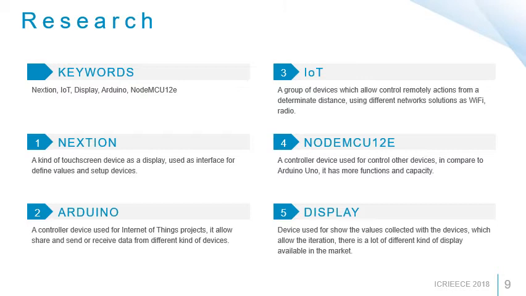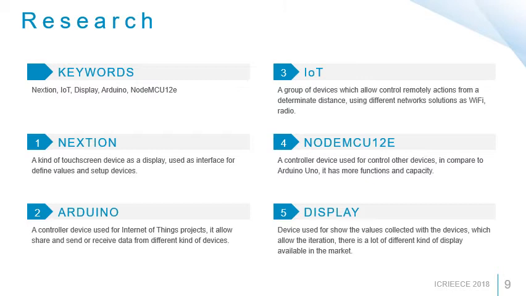IoT, a group of devices which allow remote control of actions from a determined distance, using different network solutions such as Wi-Fi, radio, etc. NodeMCU12e, a control device used for controlling other devices. Compared to Arduino Uno, it has more functions and capacity.